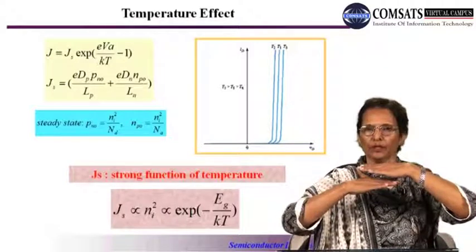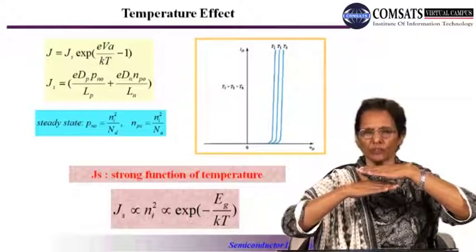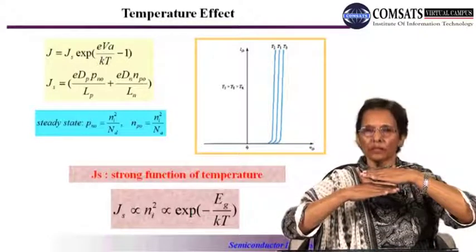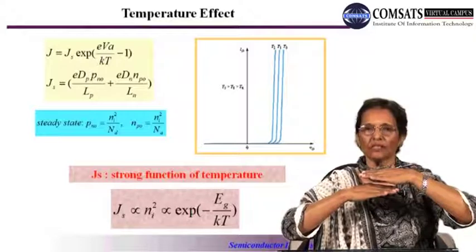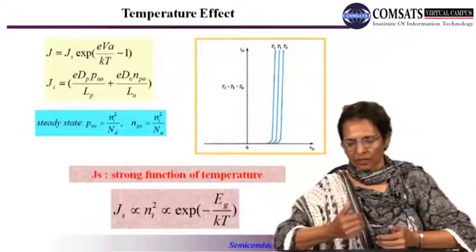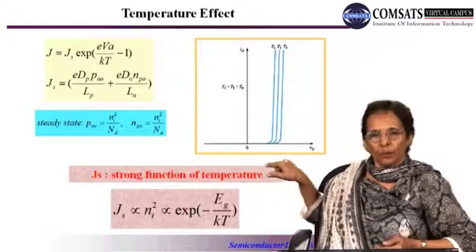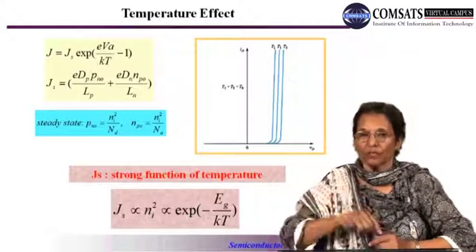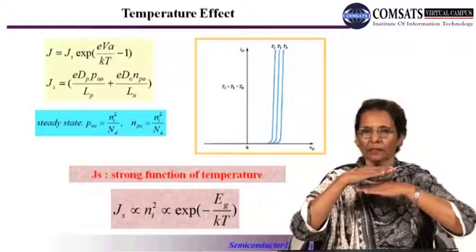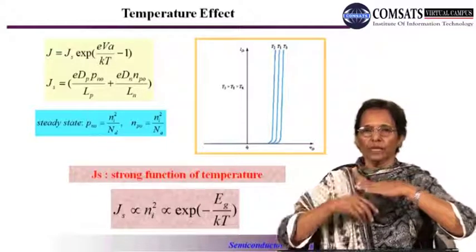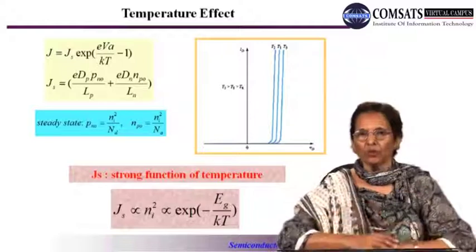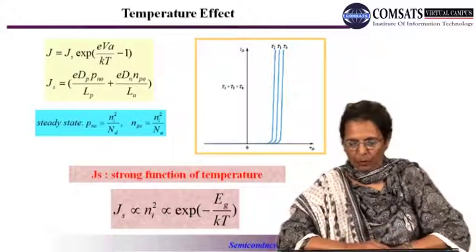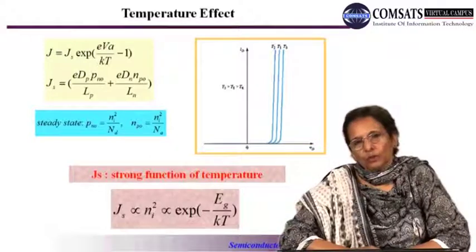As the band gap reduces at a constant temperature, the thermal generation rate increases. How does it increase? As you can see at the bottom of the slide, it increases exponentially. Keeping the band gap constant and varying the temperature, how does the thermal generation rate increase? It also increases exponentially.